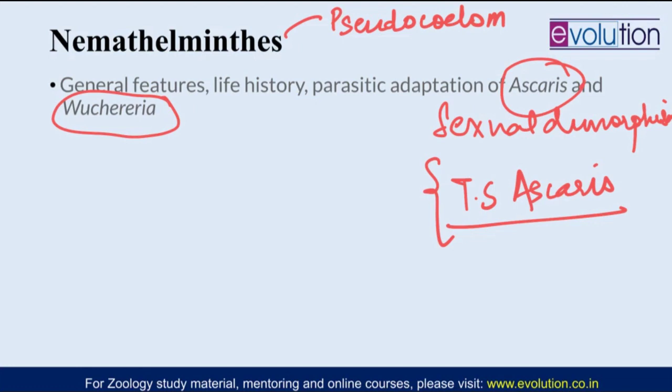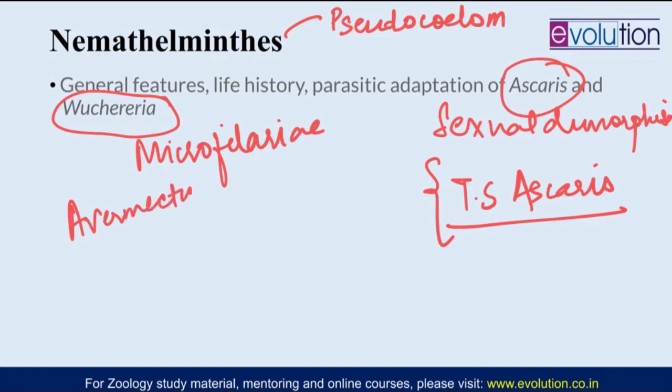So that is something you have to deal with, and you have to also do the microfilariae, which is the larval stage in case of Wuchereria. The diagram of that also is very important. Then the control here, very important drug, ivermectin, and other drugs also you can mention.